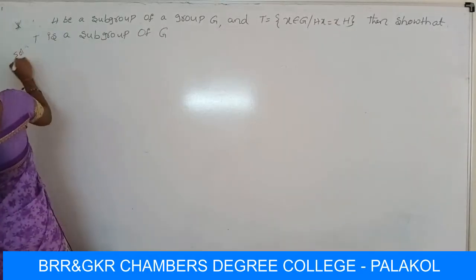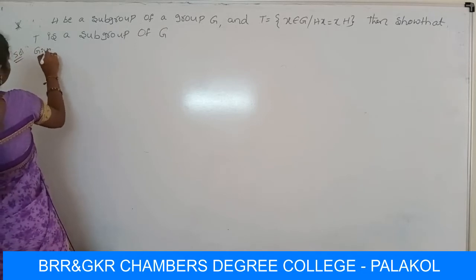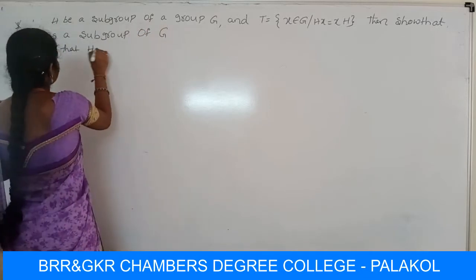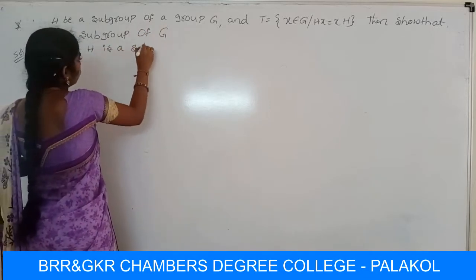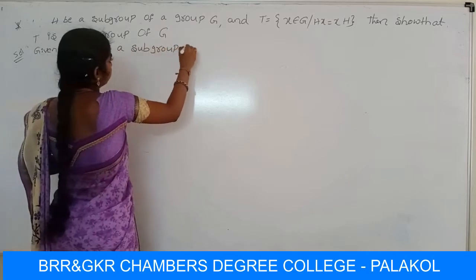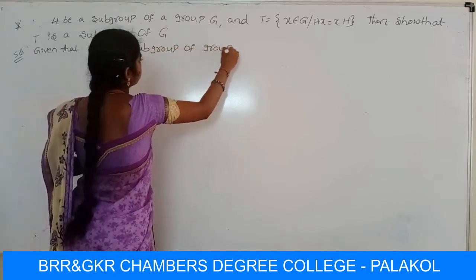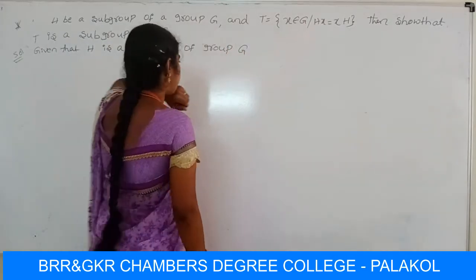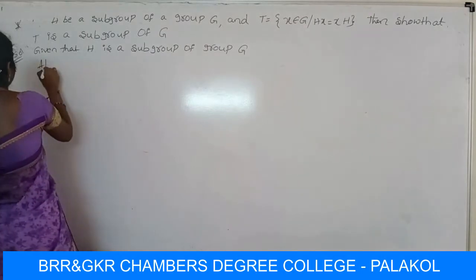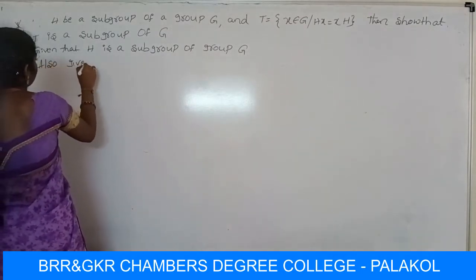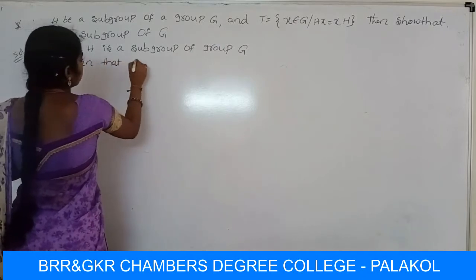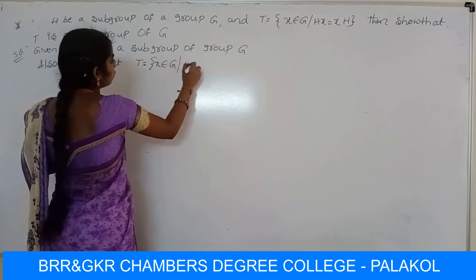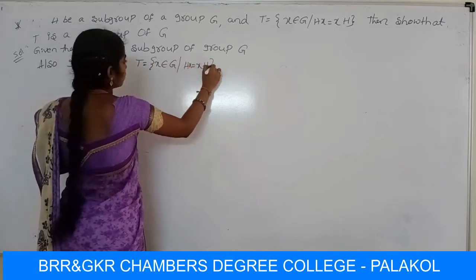So solution. Already given that H is a subgroup of group Z. Also given that T is equal to the set of x belongs to Z such that hx is equal to xh.